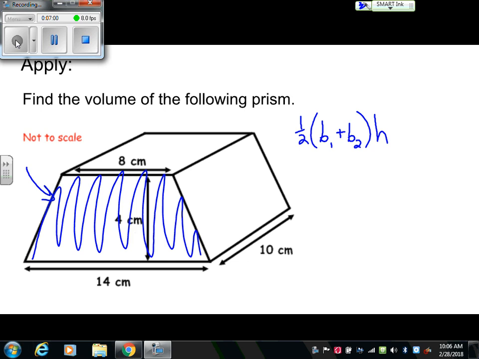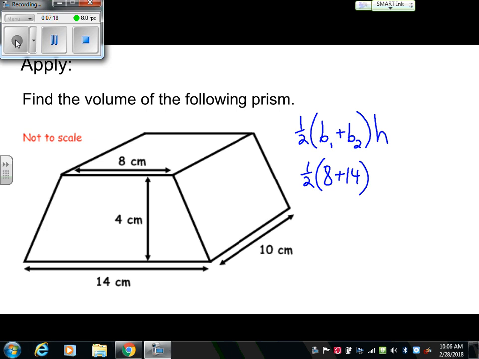And so our two bases are the parts that are always parallel. So we have this 8 centimeters and these 14 centimeters. So I can do 1/2 times 8 plus 14. And then we have to have the height of our trapezoid, not the prism yet. And so our trapezoid has the height of 4, and that would be the perpendicular distance between the two bases, the 8 and the 14.